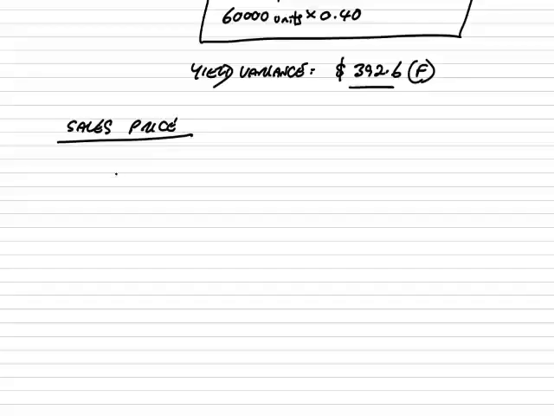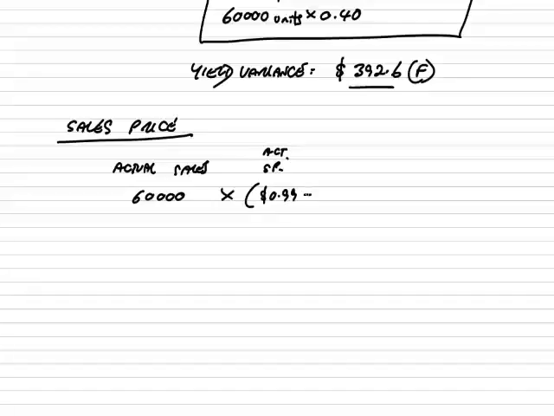For sales price, remember, you take your actual sales, and I would actually write this down in the exam because anybody can know what they're doing but grab the wrong figure. We actually sold 60,000. We want to know if we sold at the right price. Well, it says the actual results, the actual price was 99 cents.